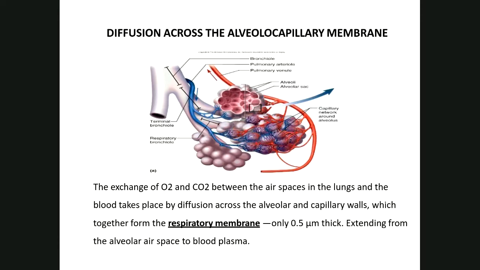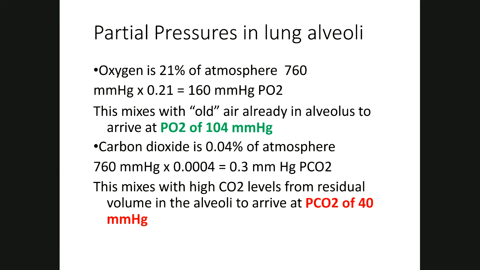Anyway, we will go into the partial pressures of oxygen and carbon dioxide. I'm sure this is too much for you, but it is important to understand how the pressure changes happen inside the lungs. Oxygen is 21% of the atmosphere. The atmospheric pressure is 760.